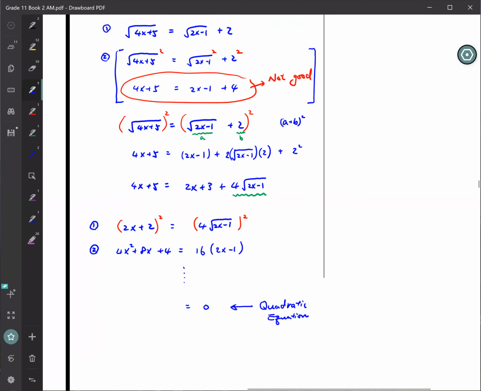Colin, do you have the quadratic equation in general form? Not yet.